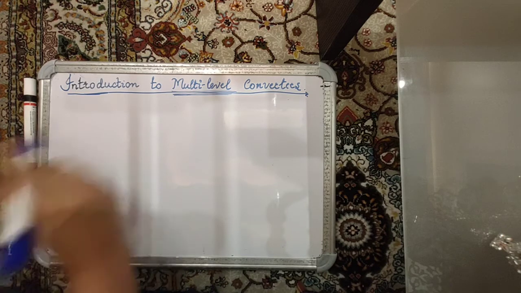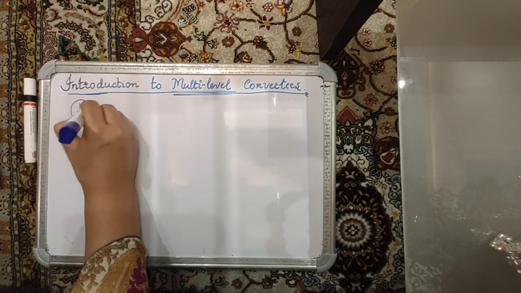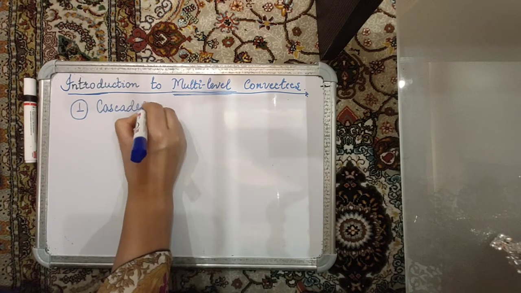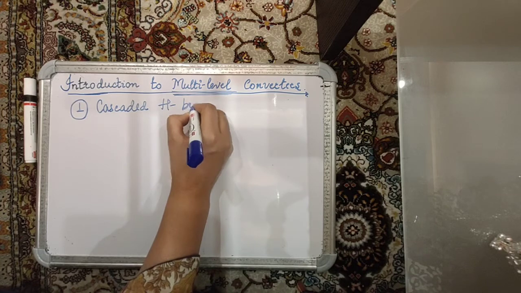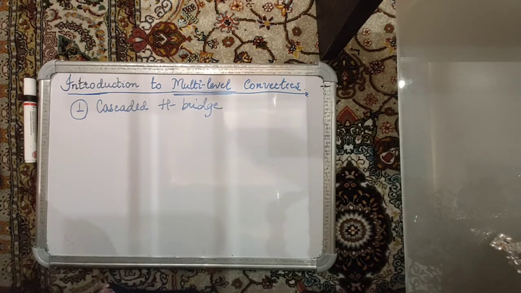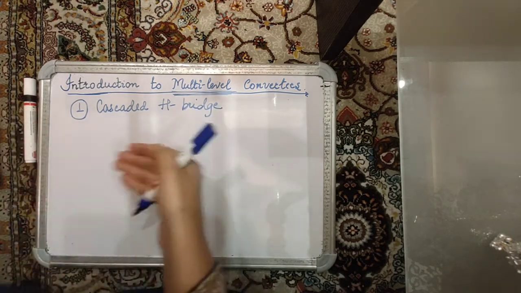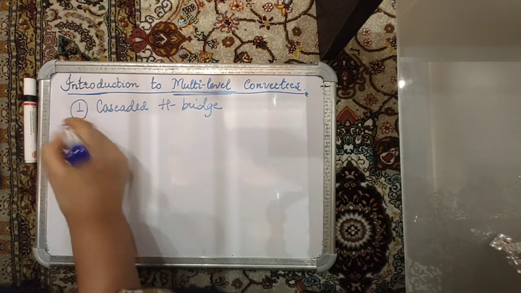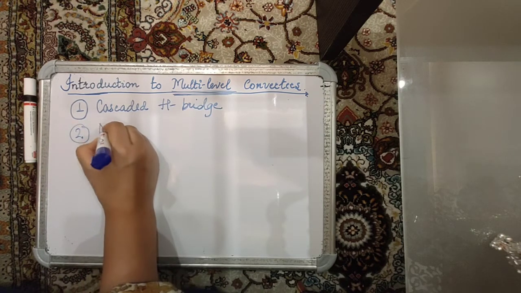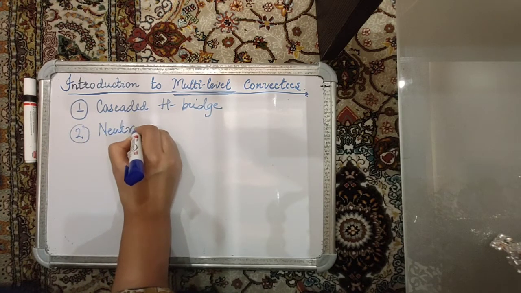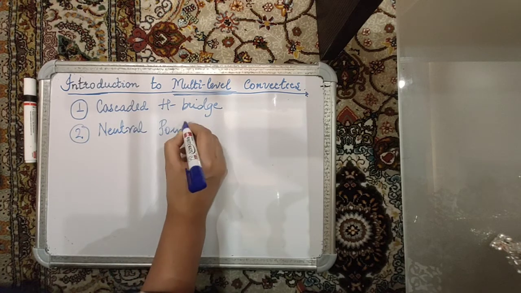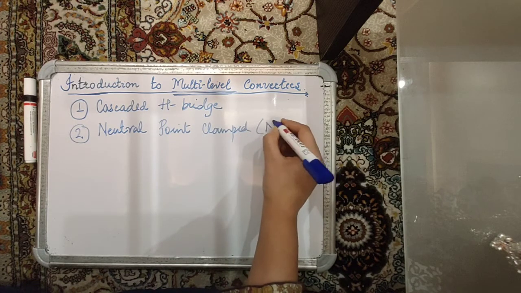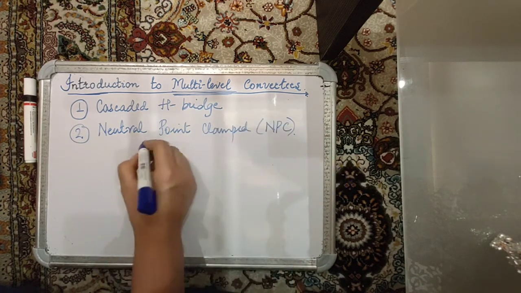So multi-level converters are of three major types. One is the Cascaded H Bridge, which is the simplest in my opinion. The Cascaded H Bridge topology is basically a lot of two-level converters cascaded together to give you multiple levels. We will discuss this in detail. The second is the neutral point clamped converter, very often called the NPC, or it is also called a diode clamped converter.